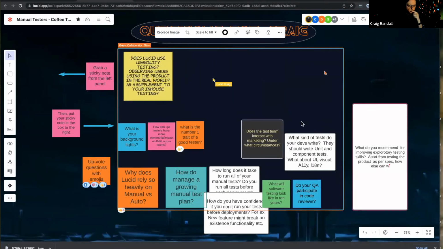Does Lucid use usability testing, observing users using the product in the real world as a supplement to in-house testing? Our product PMs, they'll get on calls, they'll talk to users, they'll watch them, they'll record them using the product. So yes, we do have that.